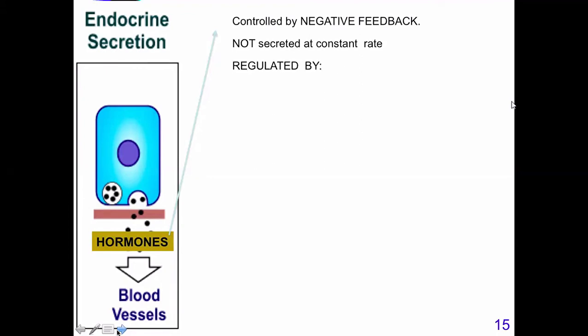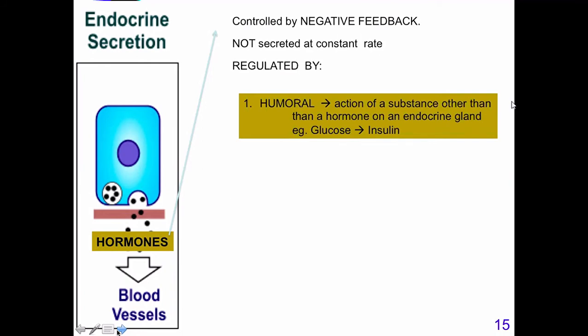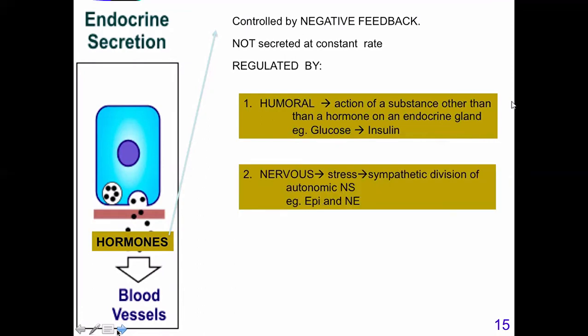And they are regulated by, number one, humoral regulation, meaning the action of a substance other than a hormone on an endocrine gland. So there are hormones also that control other hormones. For example, the level of glucose can influence the level of insulin. So that's a humoral regulation. Another is nervous regulation, meaning the sympathetic division of the autonomic nervous system can also help regulation.